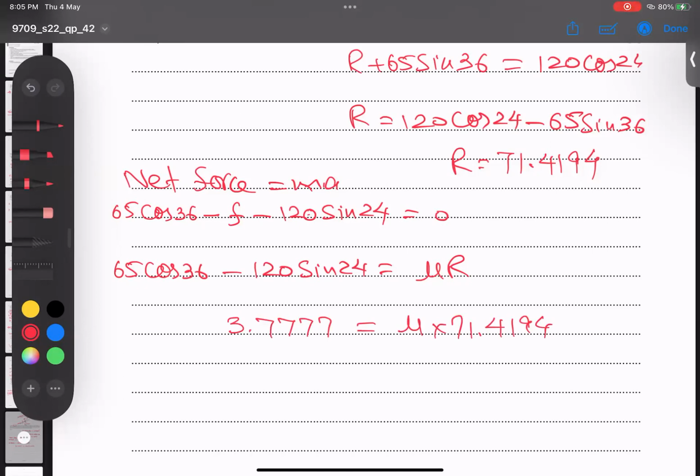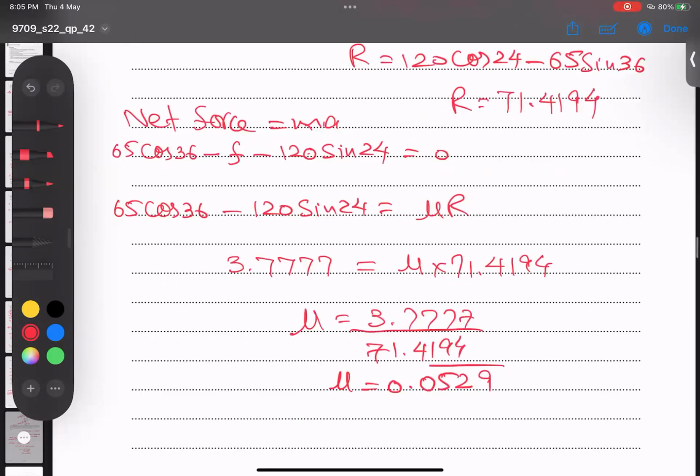So mu equals 3.777 divided by 71.4194. And finally the answer for mu is 0.05289 actually. But if we round it, it gives 0.0529.